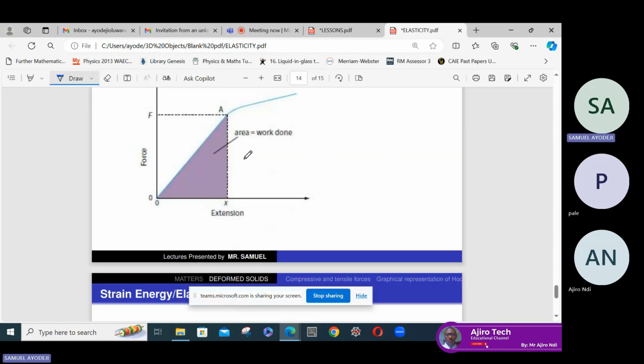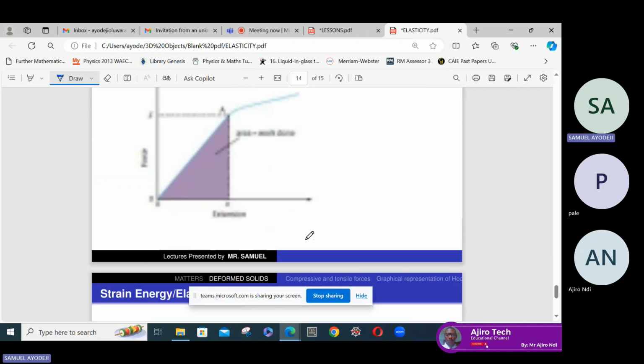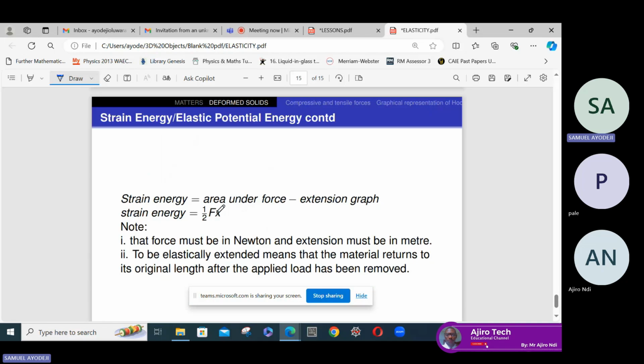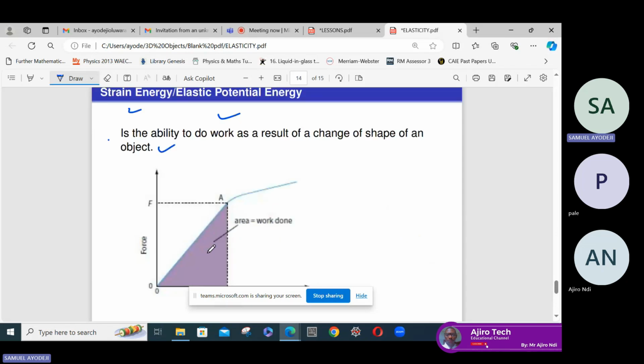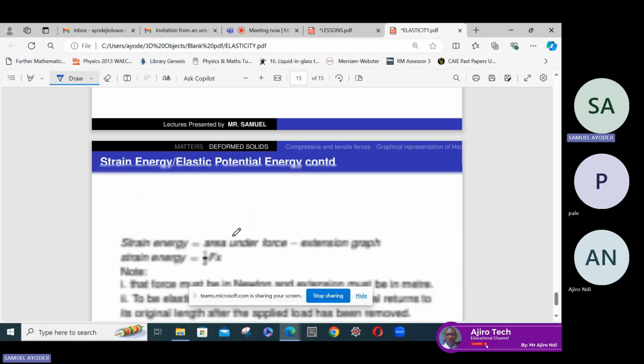When you have this kind of graph, force against distance, note that the strain energy is equal to the area under the graph. Look at it now, this is the area of a triangle. Area of a triangle means base times height divided by 2. That's Fx over 2.